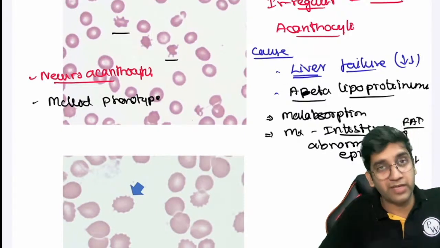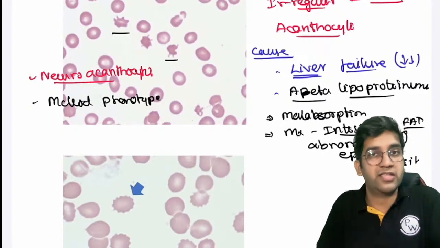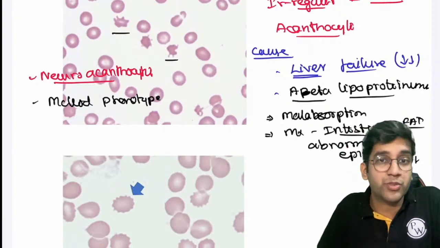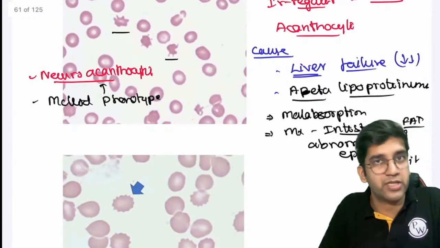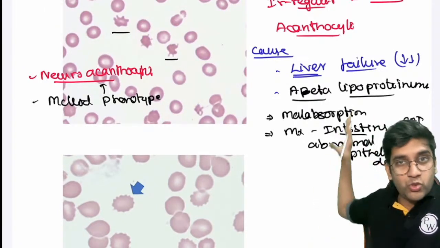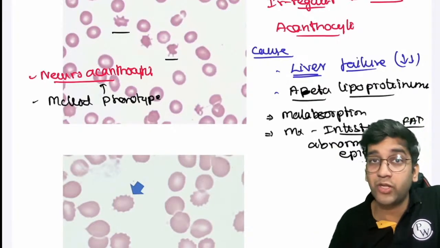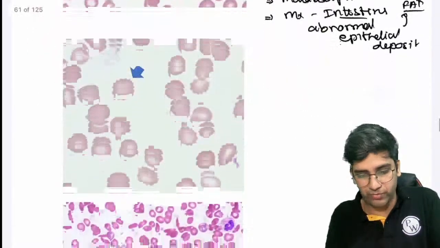The McLeod phenotype makes my RBC membrane weak, which has the appearance of an acanthocyte, and it can be associated with a neurological symptom. That's where I call it neuroacanthocytosis, right? Again, the first two are already known. Just extra information: if you don't find any of these options, look for McLeod phenotype and neuroacanthocytosis, fine? We'll go to the next image.